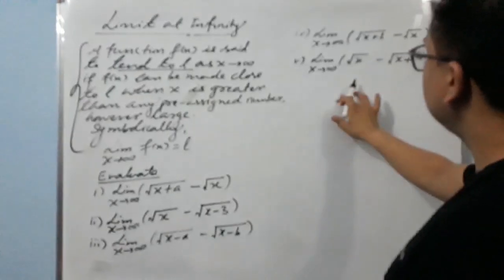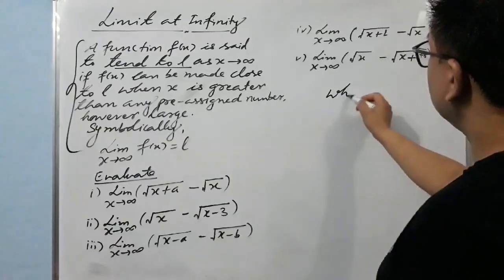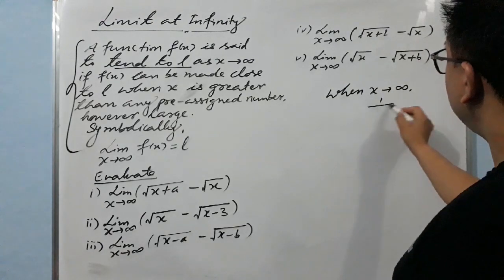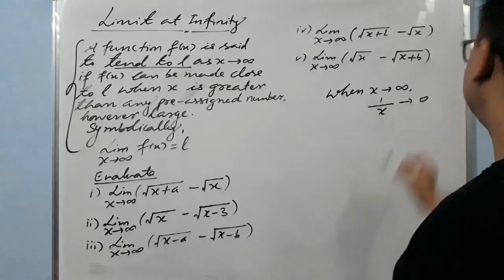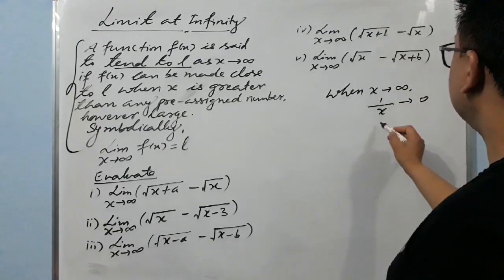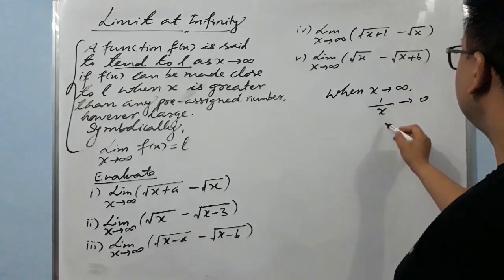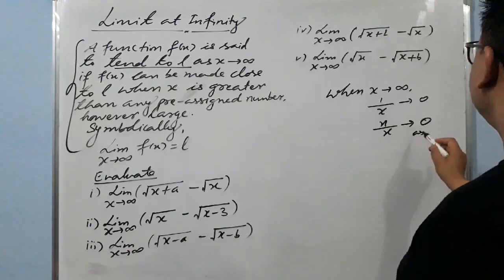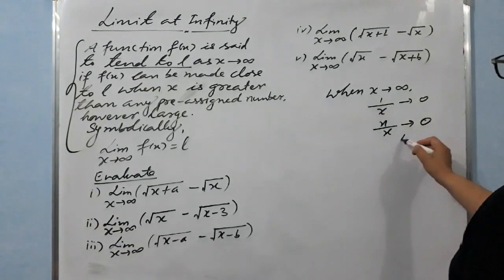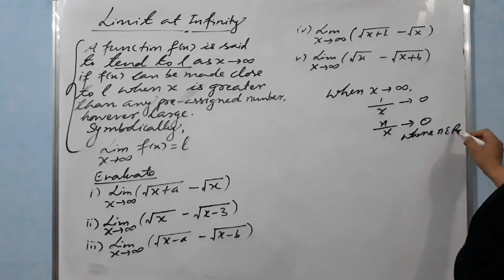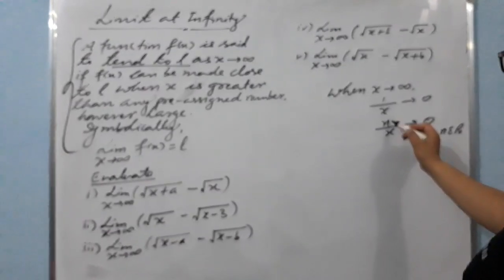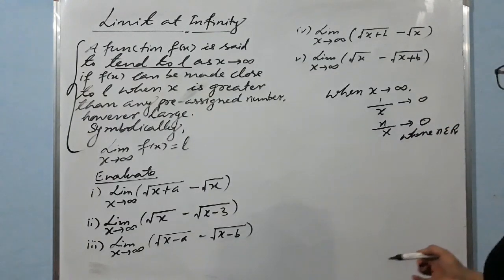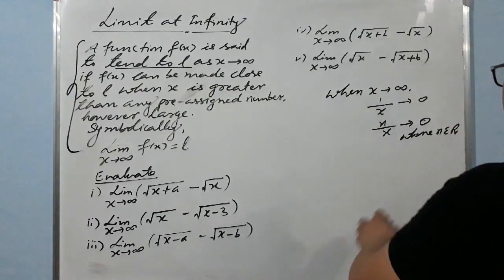When x tends to infinity, then 1 upon x tends to 0, or any real number n upon x tends to 0, where n belongs to real numbers.